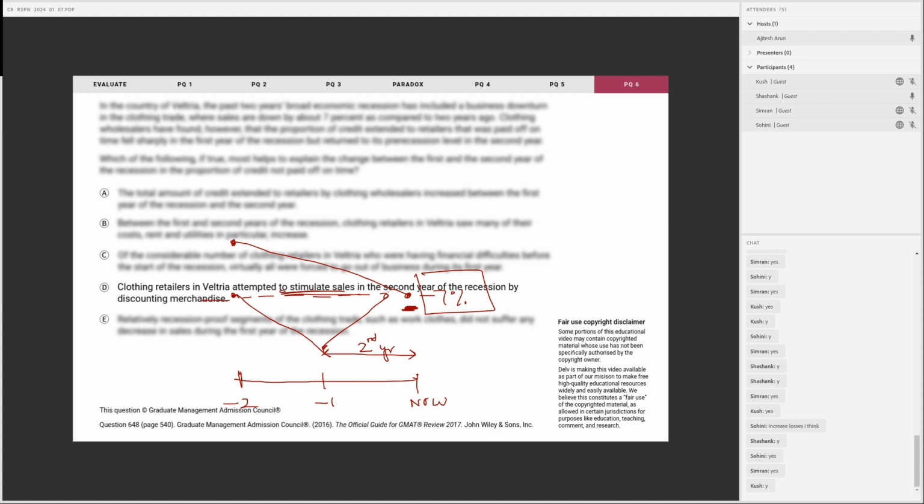If you keep the numerator as the amount of credit extended paid back on time, that amount can change. Earlier, if you had 1,000 retailers and you extended, let's say, $1 million to all of them, now you have maybe only 100 retailers, and you're extending a lower amount, but the proportion that was paid off on time is higher. Correct, yes. Awesome.